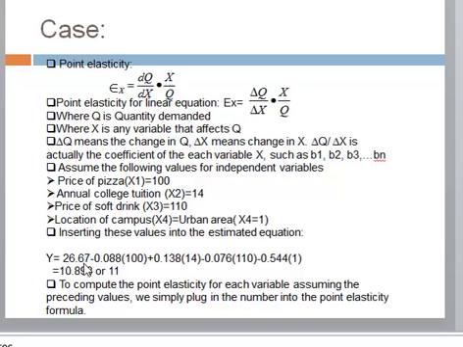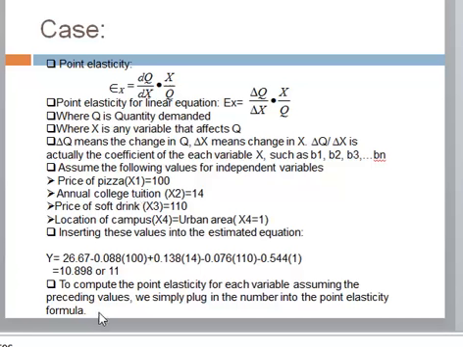So y equals 26.67 minus 0.088, that's the coefficient for x1, times 100, because now we see x1 is 100, plus 0.138 times 14, the given information, minus 0.076 times 110 cents, minus 0.544 times 1.